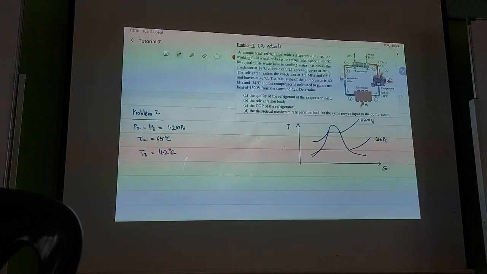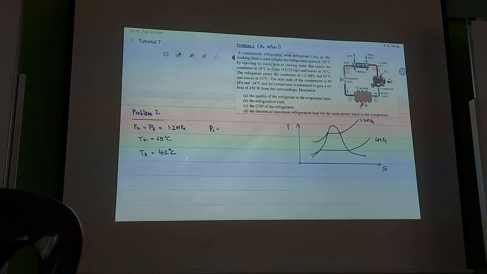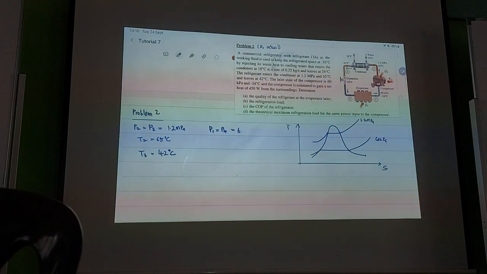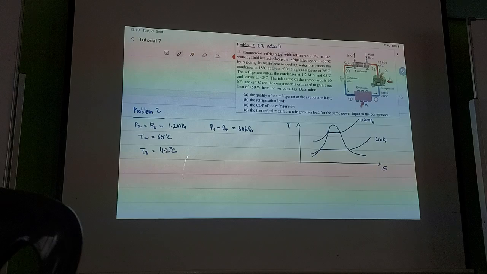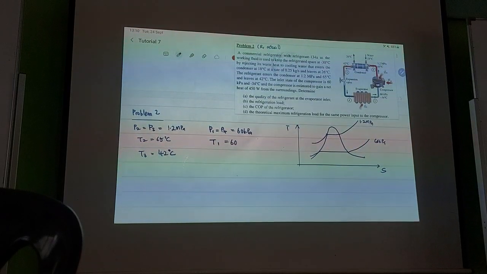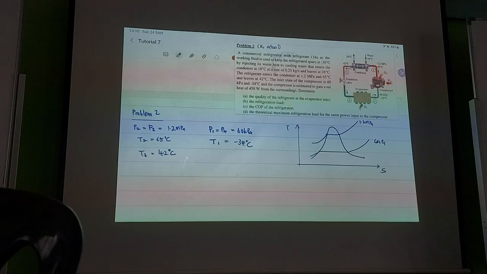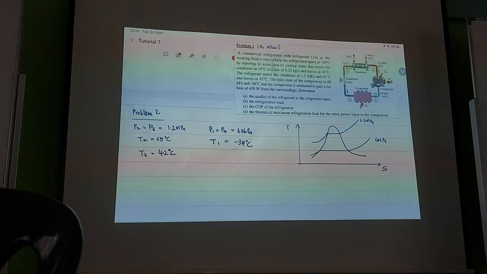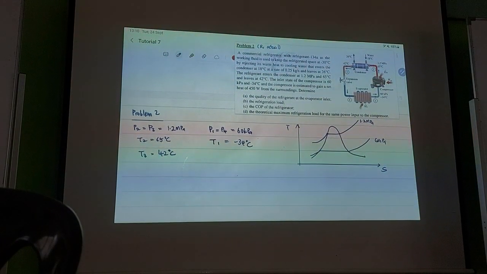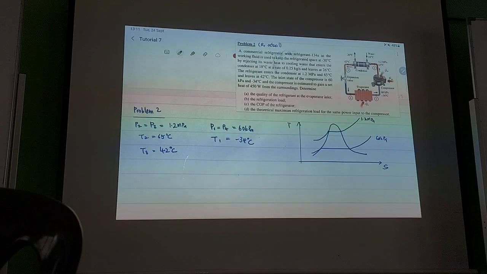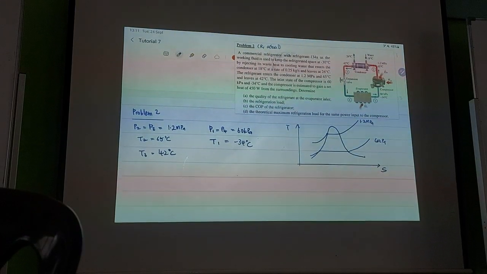Then P1 equals P4, 60 kilopascal. We know that T1 is -34 degrees Celsius, and the compressor has a net heat of 451. So that is actually something new.